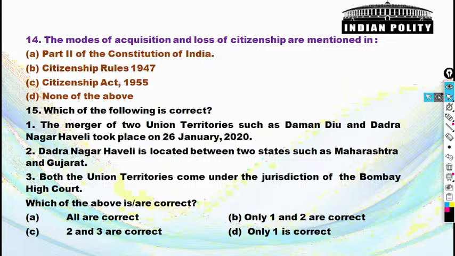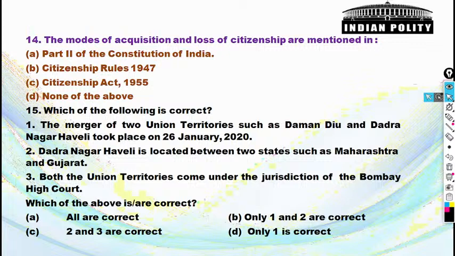The modes of acquisition and loss of citizenship are mentioned in, I told you that in Part 2 of the Constitution there is no mention about acquisition and loss. Article 11 empowers the Parliament to make rules and regulations for acquisition of citizenship and loss of citizenship.